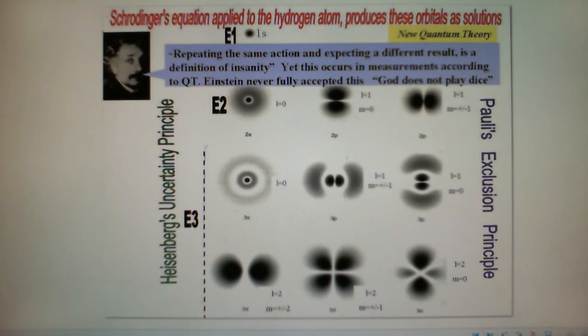It is Schrödinger's equation which describes the atom, and it leads to the notion of probability orbitals rather than exact classical orbits.